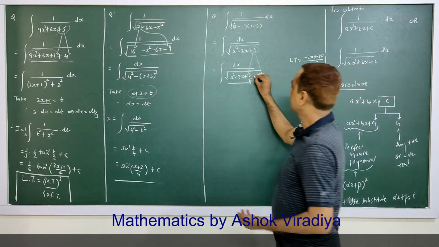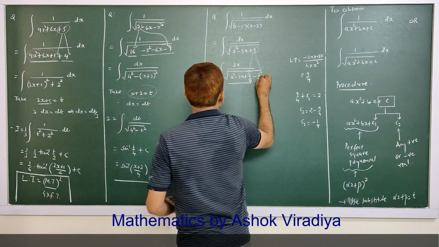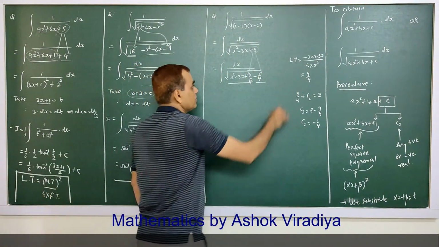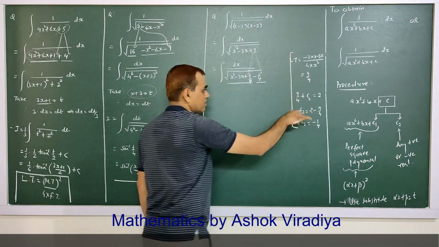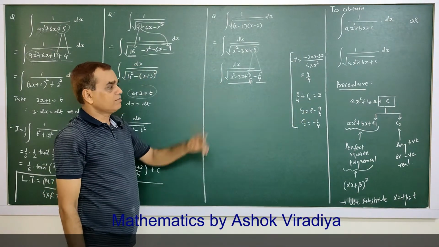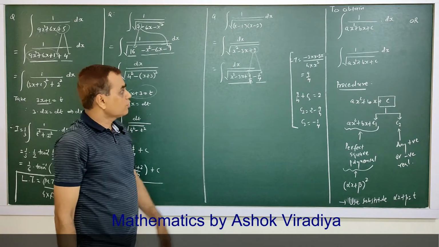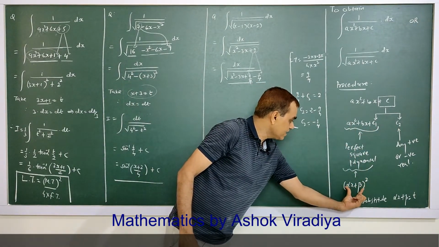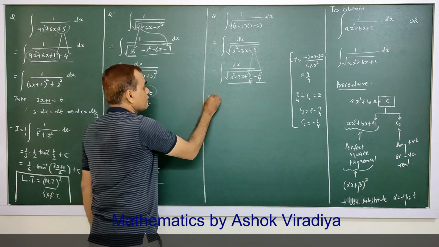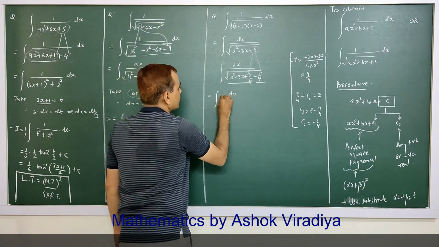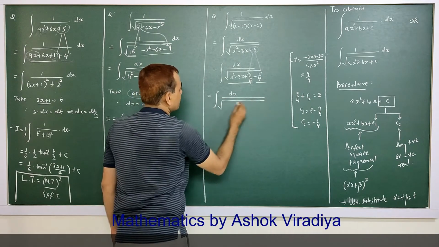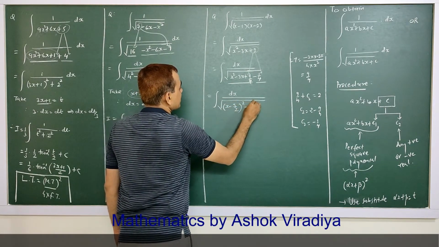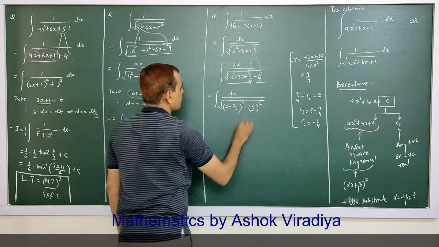So we keep here minus 1 by 4. So this is rough work to calculate the last term. So doing this procedure, this can now be expressed in this form. So it is equal to dx upon the square root of x minus 3 by 2 whole square minus 1 by 2 whole square.